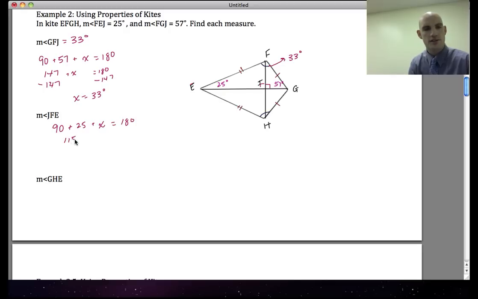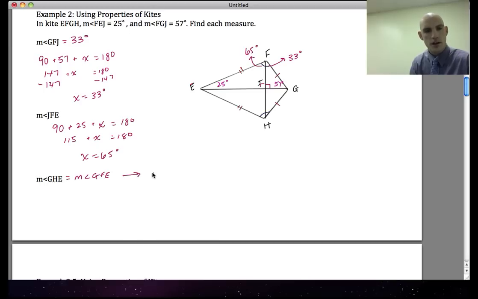So if I solve this, 115 plus X is equal to 180, then I end up with X is equal to 65 degrees. And so I can mark this one as 65 degrees. Okay? And when they ask me in this last problem to find GHE, well, I know that the measure of GHE is equal to the measure of angle GFE.